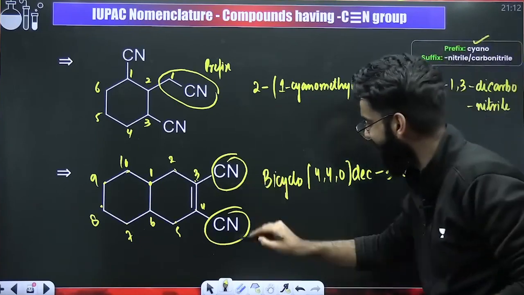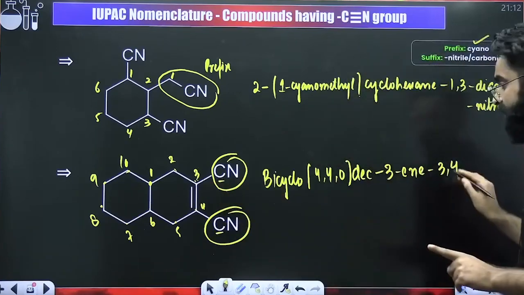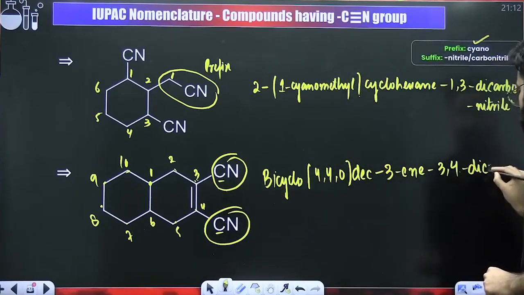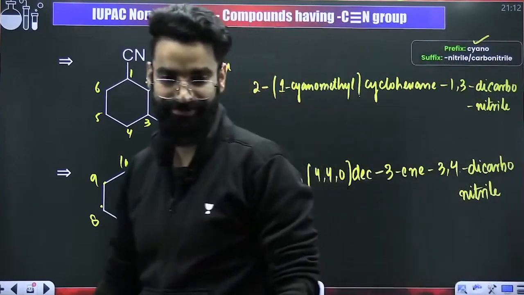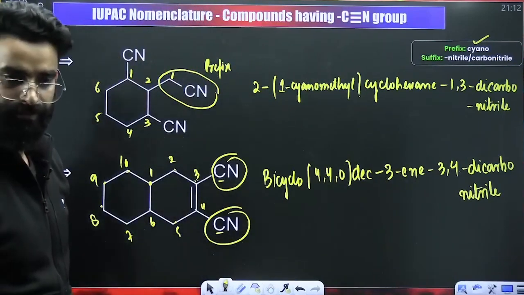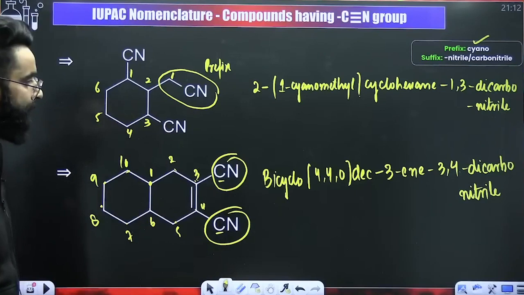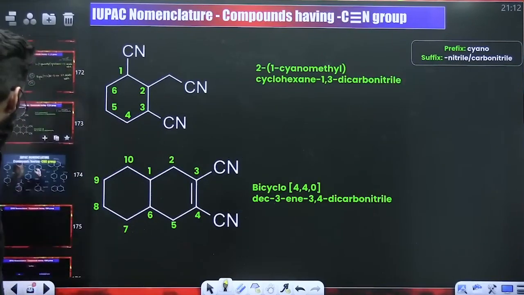Which one? Cyanide. None of the carbons is part of the main chain, so I'll be using 3,4-dicarbonitrile. Is this clear? I hope this is clear to everyone.